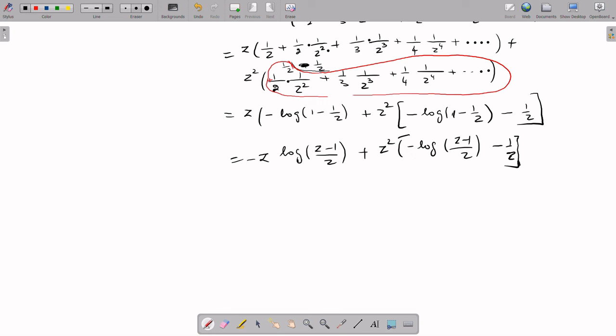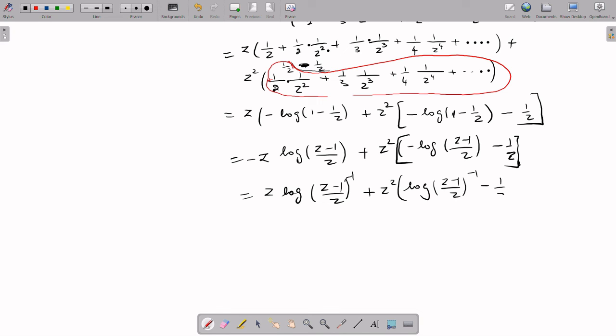And this Z squared is common for these two terms. You take this minus term here, so Z into log of 1 minus 1 by Z the whole inverse, plus Z squared into log of 1 minus 1 by Z the whole inverse. This minus is taken here because it is a log function.